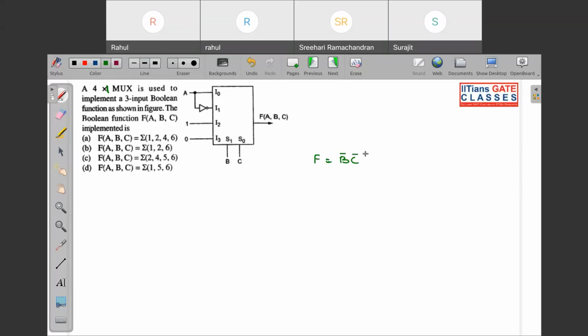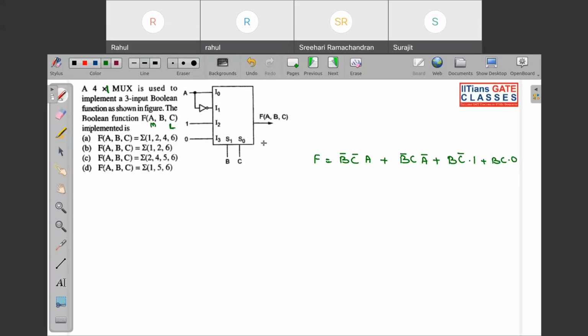Simply it will be option A, sir. Okay. Now look at one thing. Here it is given a 4 cross 1 mux is used to implement a 3 input Boolean function as shown in the figure. The Boolean function F(A,B,C) is implemented as. It is given over here A is MSB, C is LSB. Okay, it is already defined.